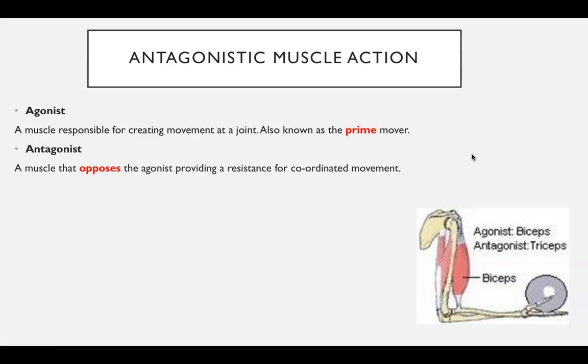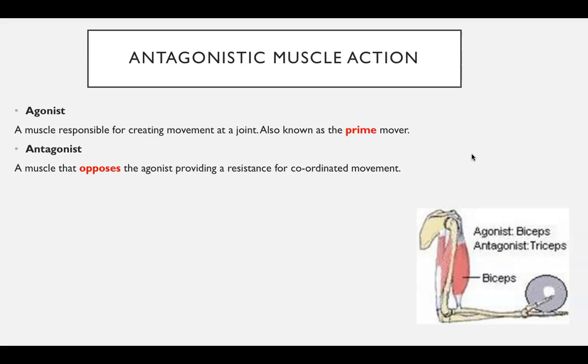Within a bicep curl, the antagonist opposes the agonist so that coordinated movement can happen. All you really need to know is the antagonist opposes the agonist. So in a bicep curl, the triceps brachii is the antagonist. That muscle is relaxing whilst the bicep contracts so that elbow flexion can occur.